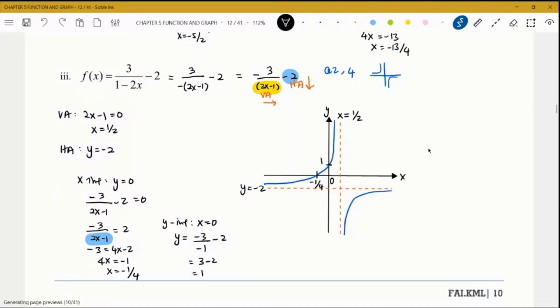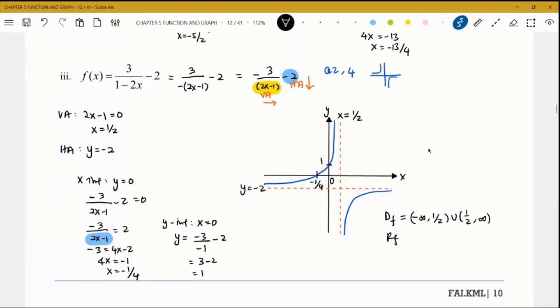Okay, domain kita apa? What is our domain? Negative infinity sampai 1/2, open bracket, and then sambung balik 1/2 ke positive infinity.